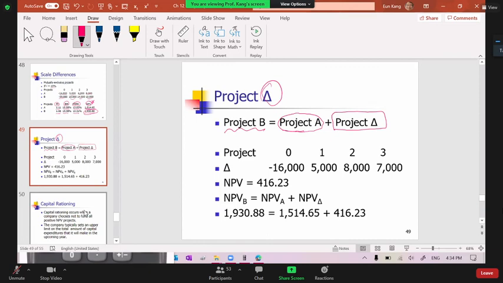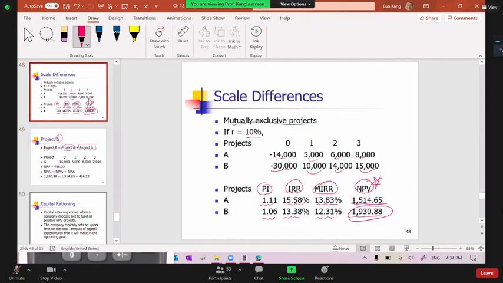So project A plus project delta is project B, so project delta is project B minus project A.